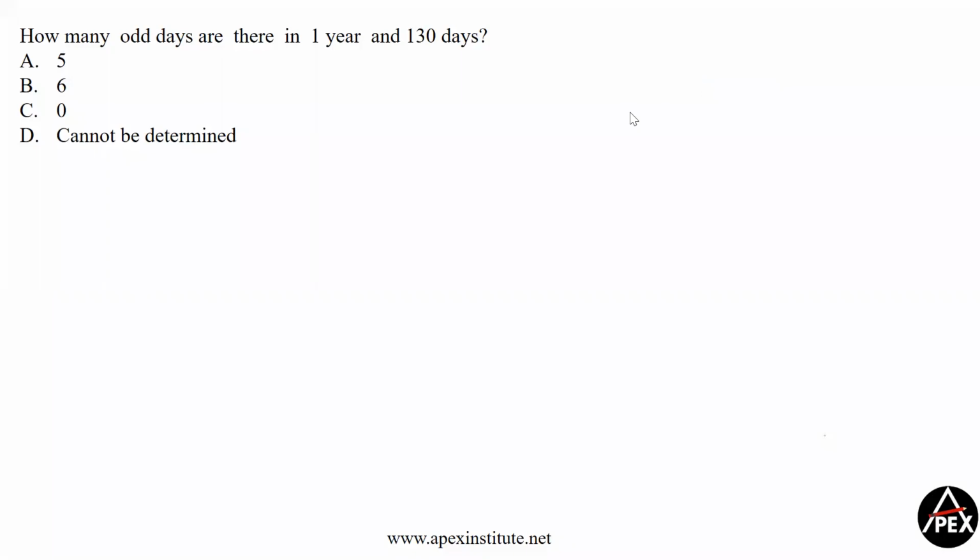Okay, now, we need to find the odd days in a given year and 130 days. So we have 1 year plus 130 days. Now let's find the number of odd days. What are the number of odd days in 130 days?